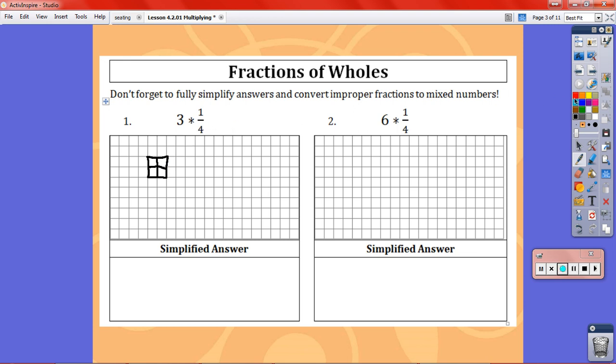I have 1 of them times 3. 1, 2, 3. 3 quarters. And that's as simple as it gets. So my answer is just 3 quarters.